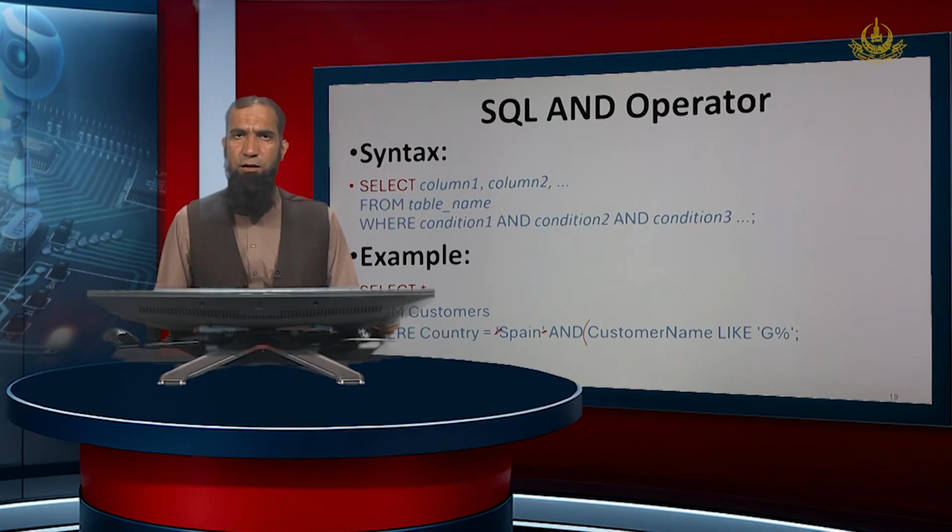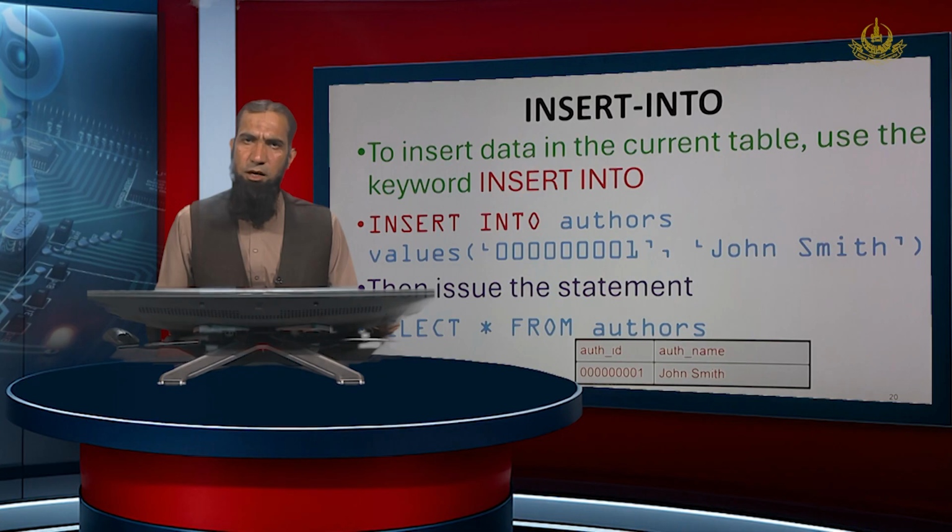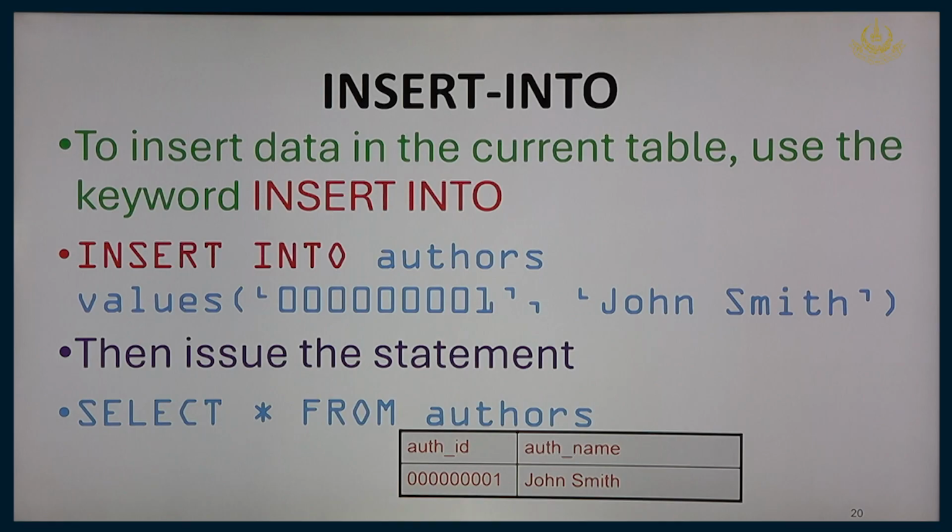So far we have focused on retrieving data. Now let's move to adding data. This is done using the insert into statement. The general syntax is insert into, in brackets the column names, then the values we want to insert in the same order as the columns exist. So as shown on the screen, we are using insert into the table authors.